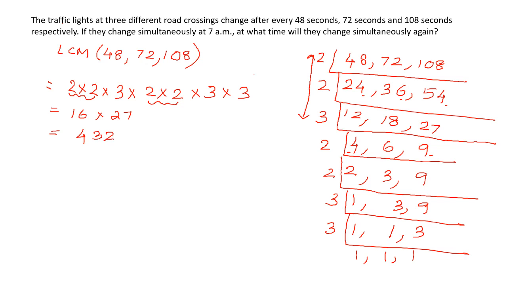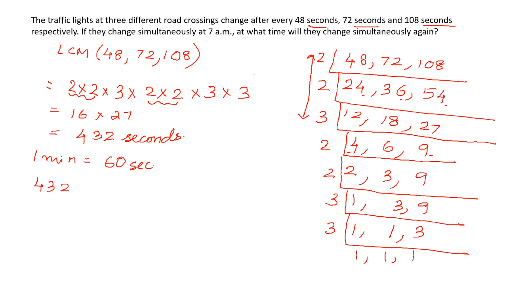But you see the question, children, it is given as 48 seconds, 72 seconds, 108 seconds. So here the answer also should be in seconds. 432 seconds. Now we know that 1 minute is equal to 60 seconds. Or we can say 60 seconds is equal to 1 minute.